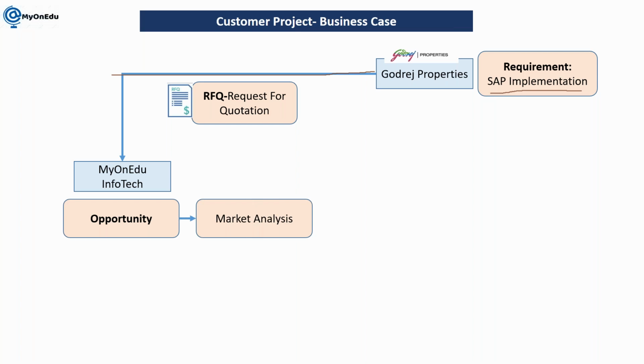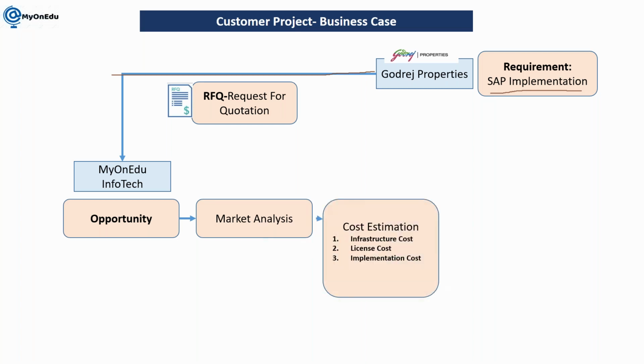Then we'll do the market analysis. Let's say they just want to implement core modules like SAP project system, material management, sales and distribution, and FICO. These are the four modules for which they are looking, for example. We'll check all the resources available in the market as per the experience, do all the calculation, and based on that prepare the estimation.